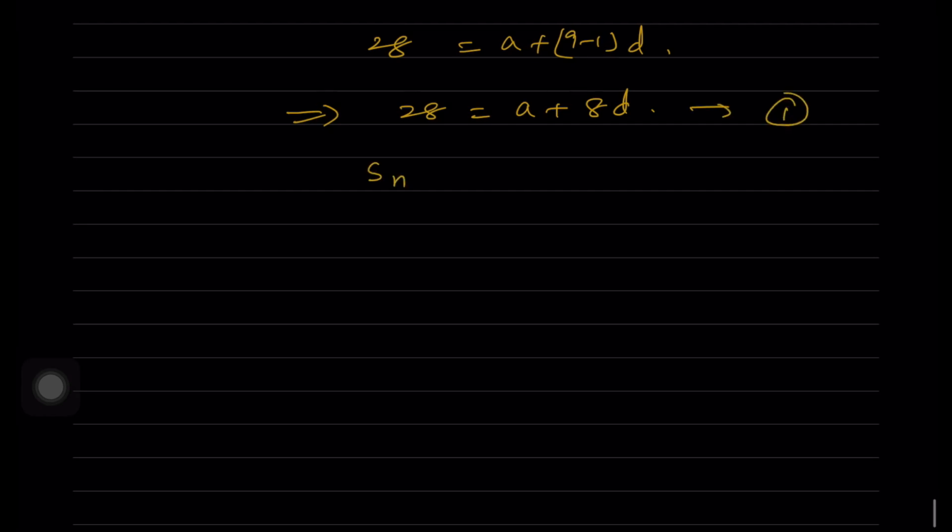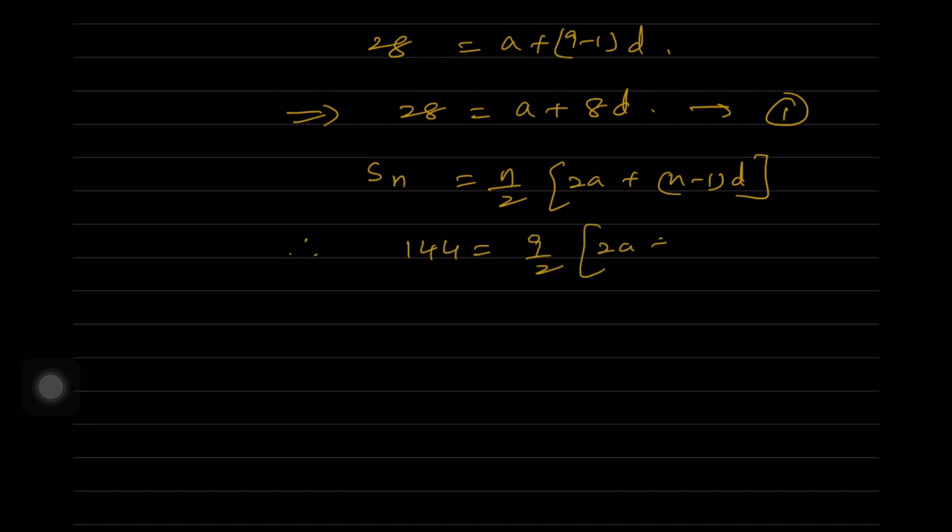Now Sn is equal to n by 2 into 2a plus n minus 1 into d. So this is 144 is equal to 9 by 2 into 2a plus 8d. So 288 is equal to 9 into 2a plus 8d.